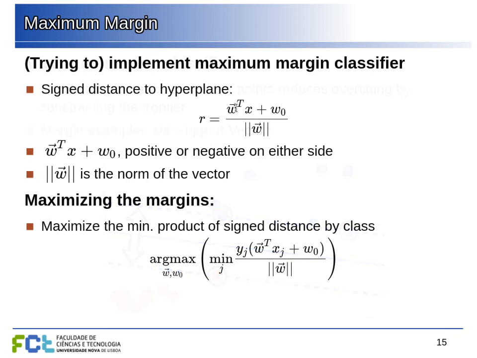So the value here can grow faster or slower depending on the value of w. But if we divide by the length of this vector, the norm of the vector, we normalize this, and now we have a value that is a signed distance. It gives us the distance to the discriminant with this expression, but it has a positive sign on the side of class 1 and a negative sign on the side of class 0, or class -1 if we want.